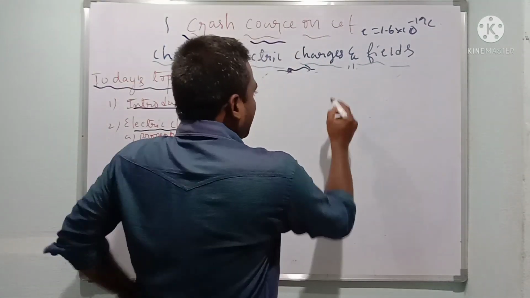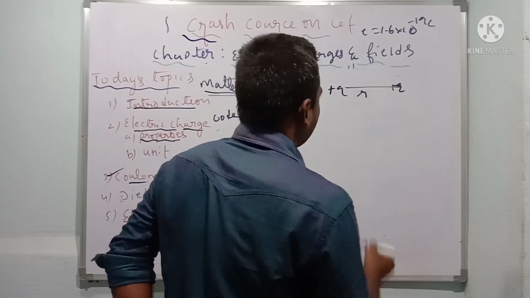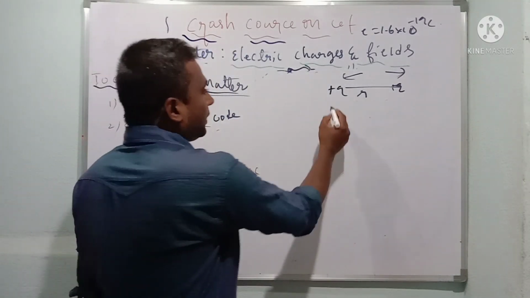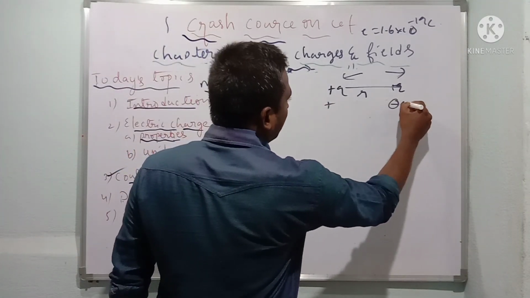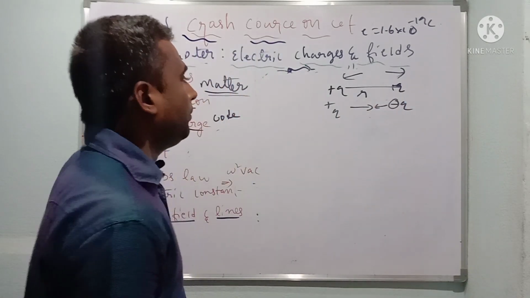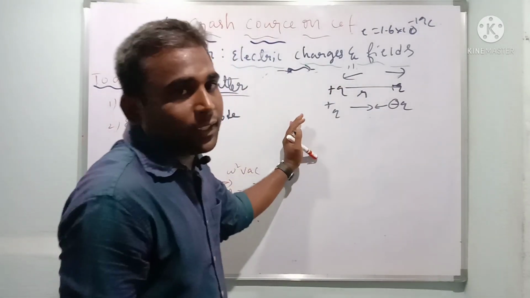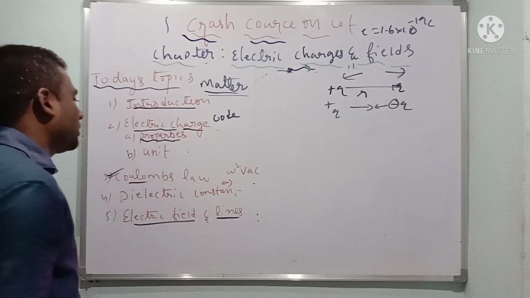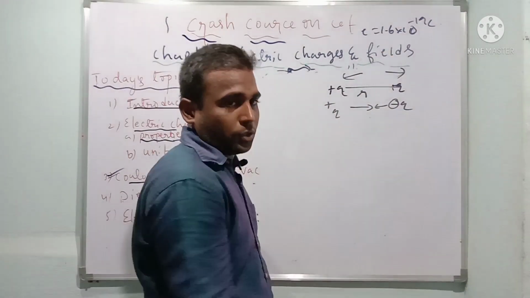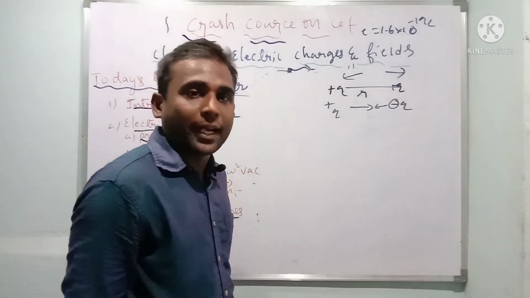Let us consider two identical charges separated by a small distance. There will be a repulsive force, children. Very easy. If I take a positive and a negative, then there is a force of attraction. So the force of attraction between the two charges is given by Coulomb. Hence the name, Coulomb's law of electrostatics. Means the charges will be at rest, and we are going to find how the electric force will be acting.